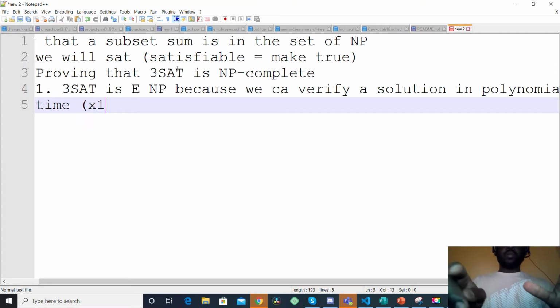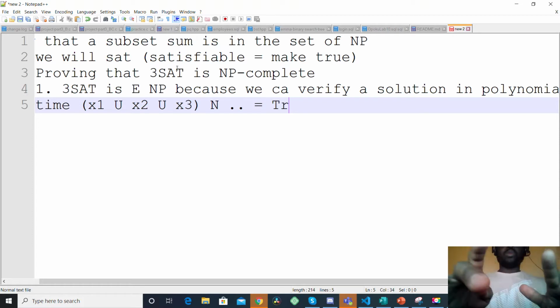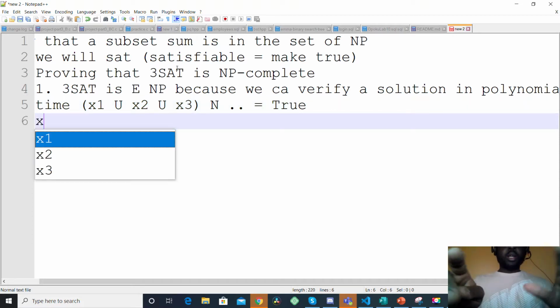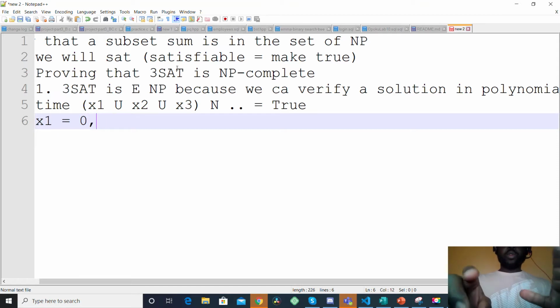Here we have x1, x2, with an assignment where x1 equals 0, x1 equals 1, and x2 equals 1. I'll continue from my slide and continue with the proof from there.